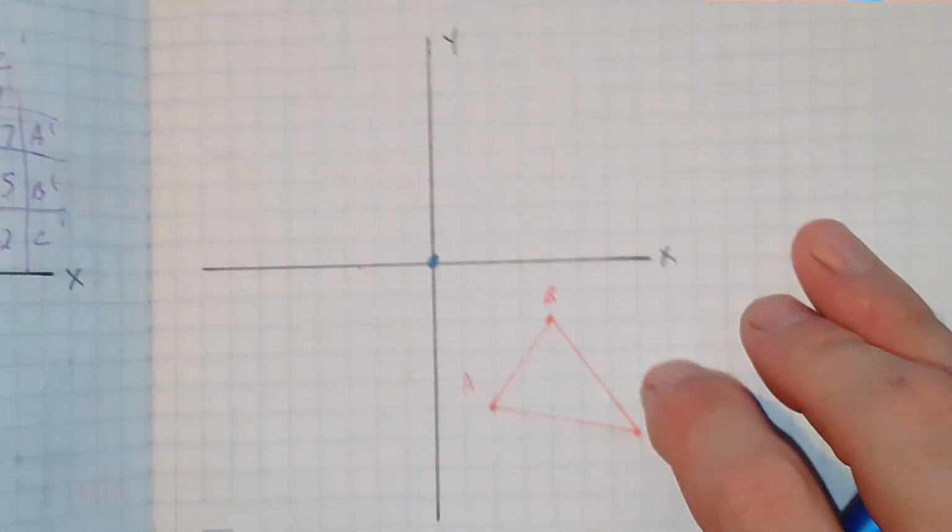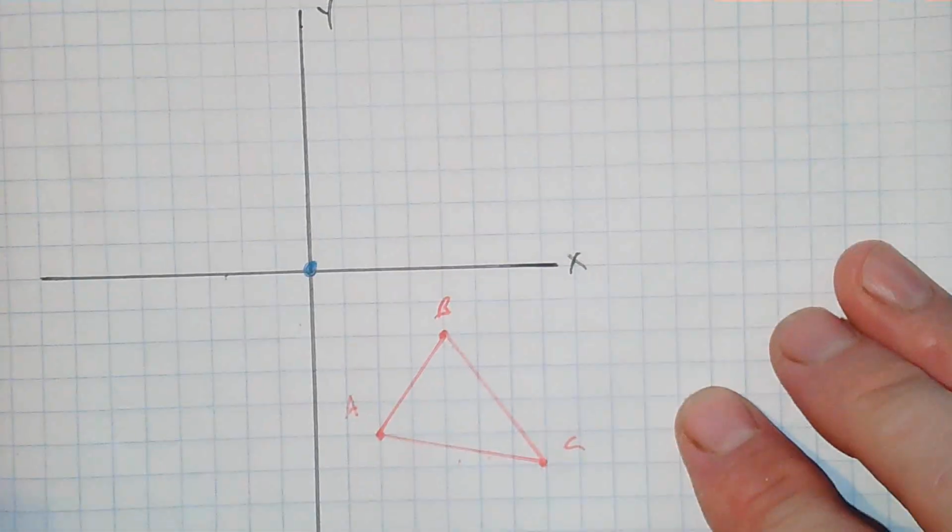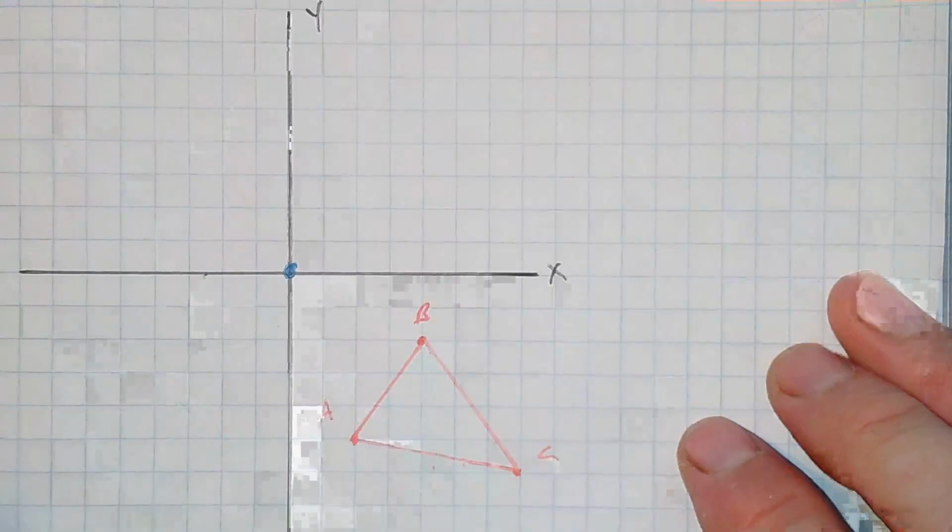Let's move on to a dilation about a point, like the origin. Okay, so I have a coordinate plane here, right?